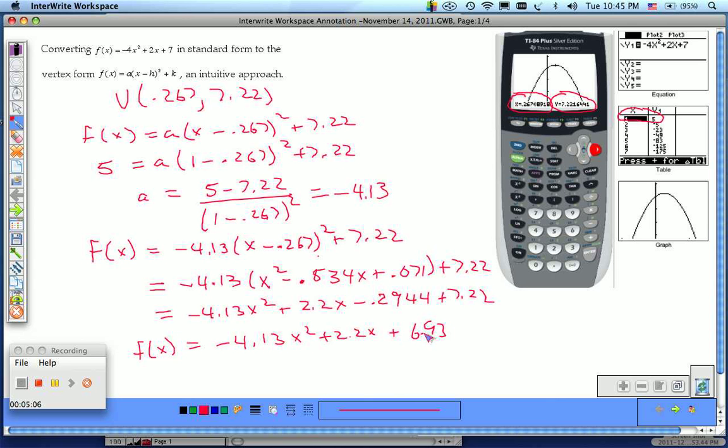Now, comparing that to the standard form of minus 4x squared plus 2x plus 7, it's not too bad.